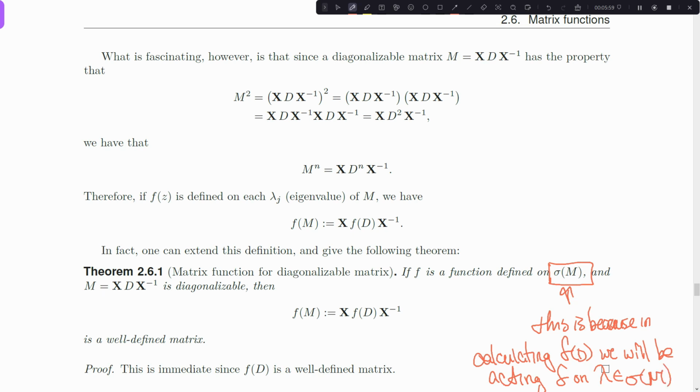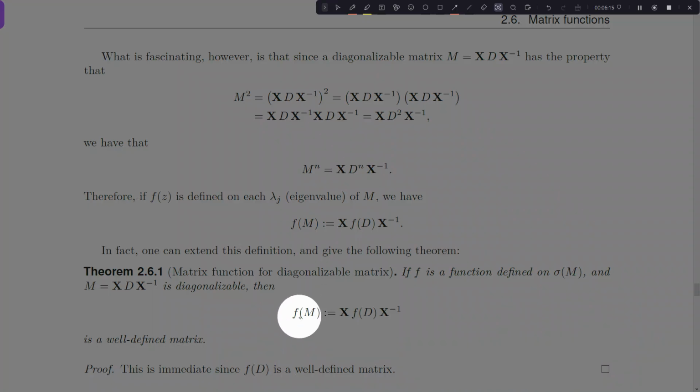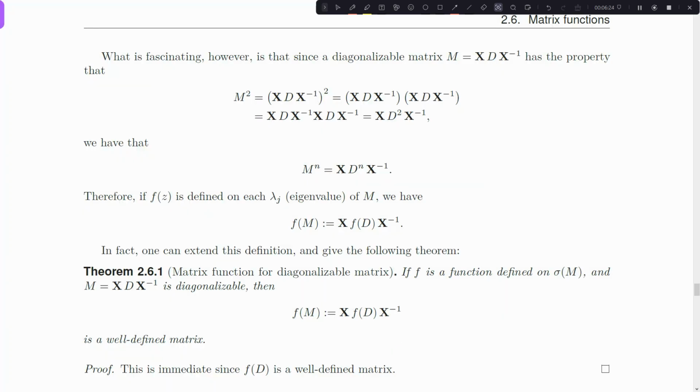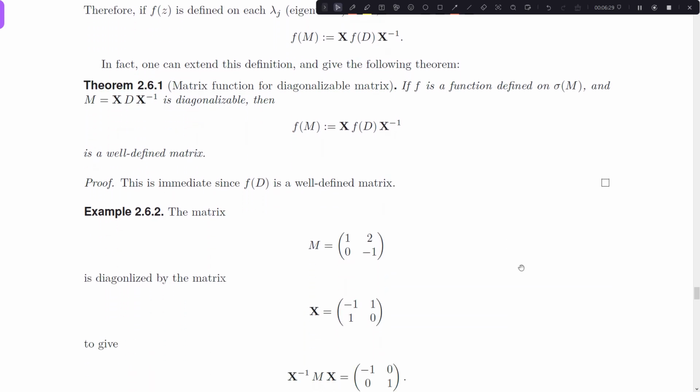So all of the eigenvalues will go inside of f, and so we really want f to be defined on all of those eigenvalues. But once I have a function which is defined on the eigenvalues, it's really easy for me to define the function on the matrix M just by computing it on the eigenvalues and converting away from the diagonal matrix. So we'll look at an example here.